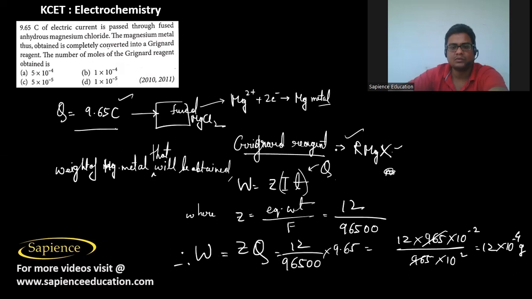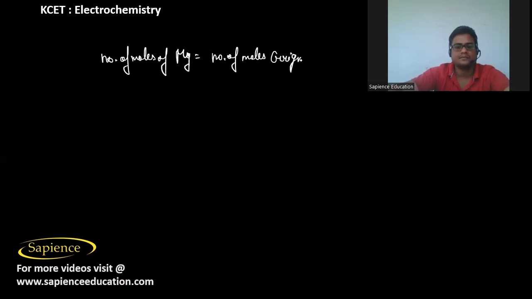Since 1 mole of Grignard reagent will contain 1 mole of Mg also, the number of moles of magnesium obtained will be the same as the number of moles of Grignard reagent obtained.